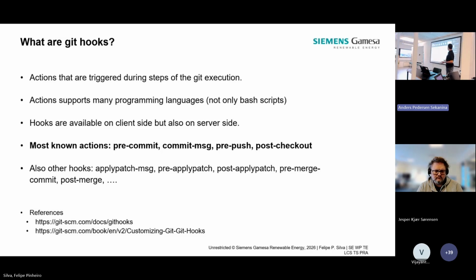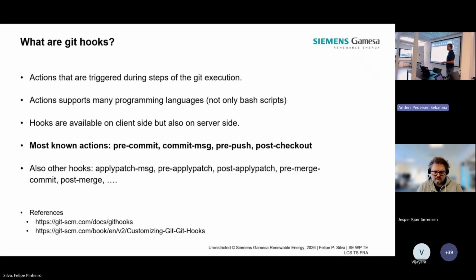The most known hooks, the ones people mostly talk about and use, is the pre-commit. You do everything and commit, then this hook will be triggered, execute some actions, and then return whether the commit is going to proceed or not. So it can fail your commit because something is not right.